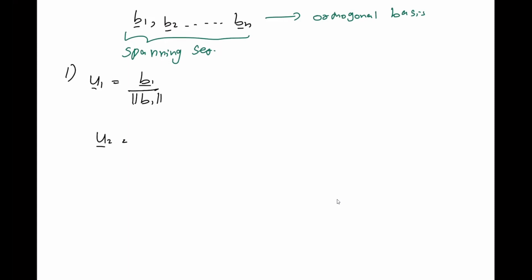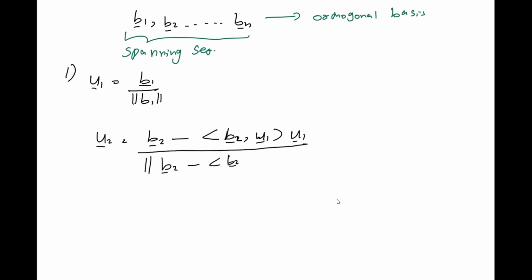You get your second basis vector, then subtract this amount, B2 dot U1 times U1. And then you divide by the magnitude of this, B2 minus (B2 dot U1) U1.